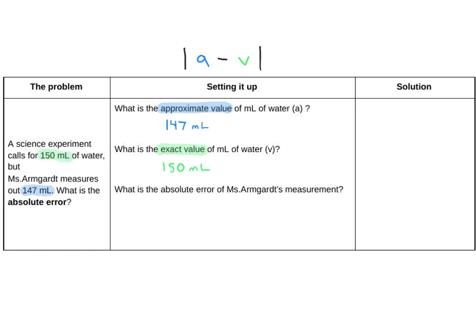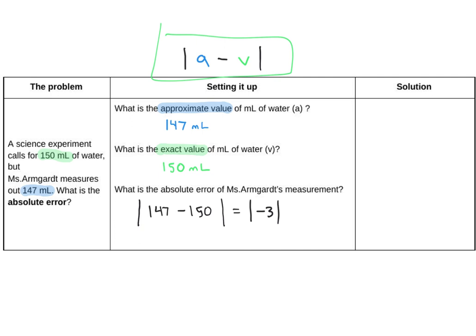Heading back over to the story, we can see that if an experiment calls for a certain amount, that is going to be your exact value. And then what you actually do, or in this case what Ms. Armgart actually does, will be the approximate. Then we can use our formula to calculate that absolute error. So the absolute value of 147 minus 150 is the absolute value of negative 3.